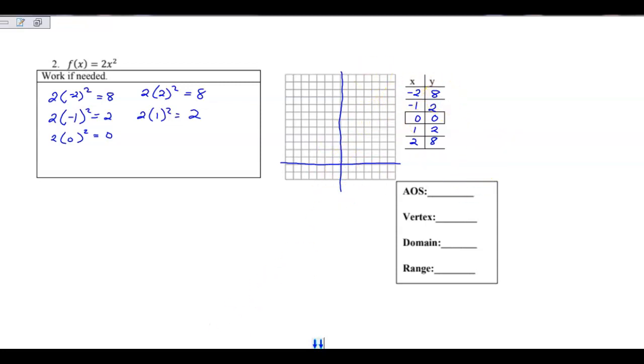Now I'm going to plot the points. I've got -2, 8. -1, 2 is there. 0, 0, and 2, 8.